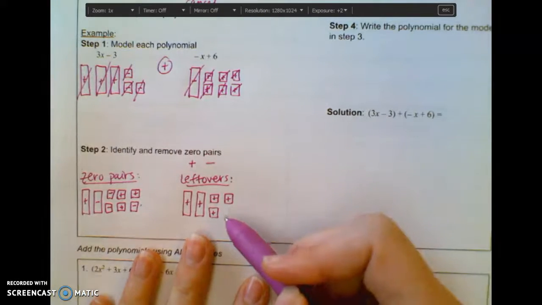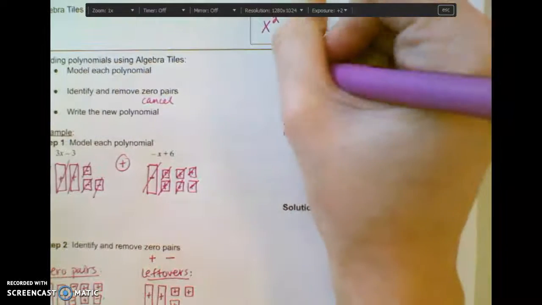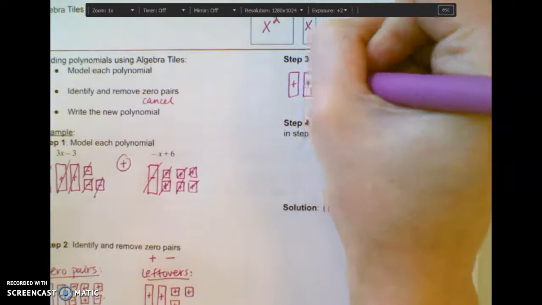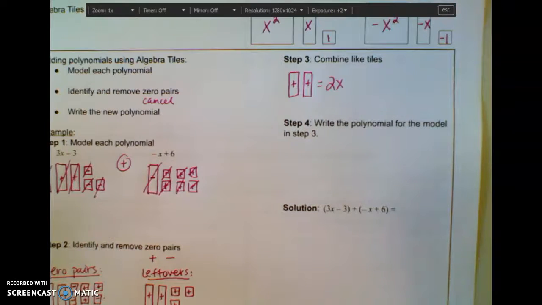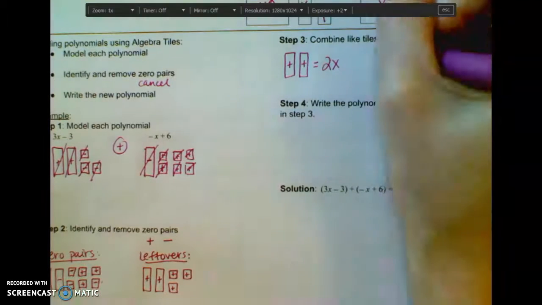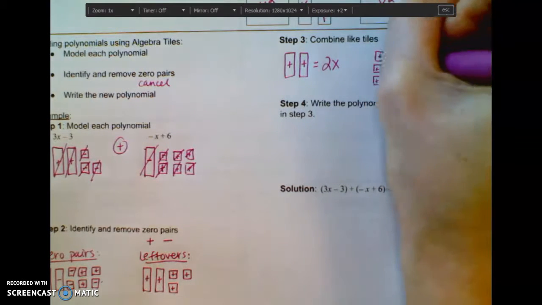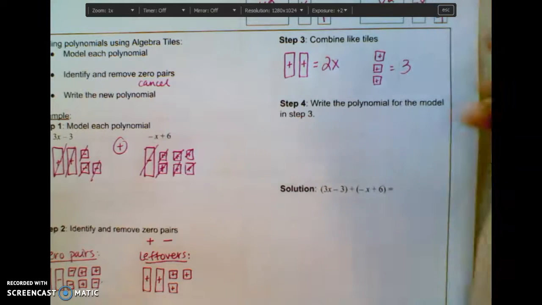So what's left over? We have left over 2 positive of the x's, and that gives us 2x. We also have left over 3 of the little positive boxes, and that gives us positive 3.